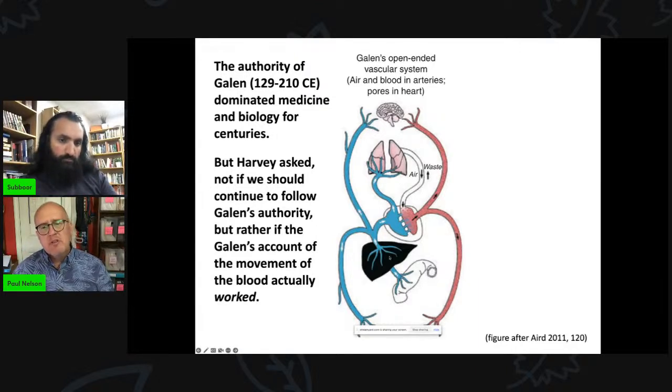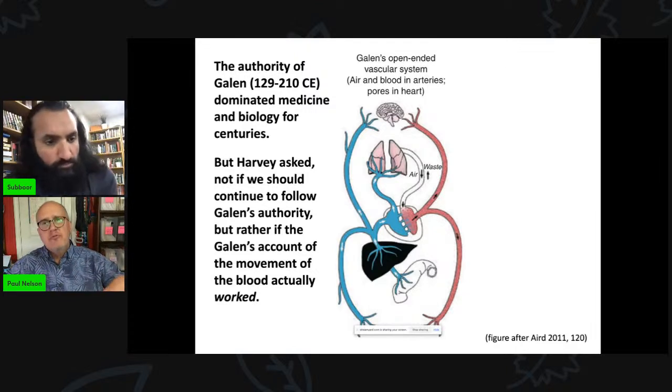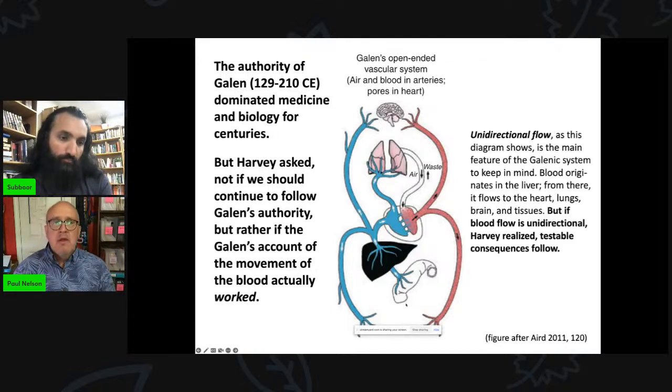The heart, the lungs, the liver, they kind of watered the tissues, right? Galen knew the blood had to move, but it moved unidirectionally. And I won't try to go into how his system worked, because in fact it didn't work. And Harvey was able to establish that.